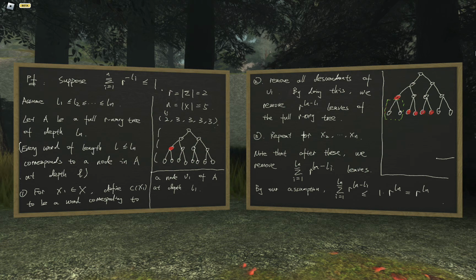So in the end, I get a code. In this example, the code is given by: I take x1 goes to v1, which is 0, 0. x2 goes to v2, which is 0, 1, 0, 0, 1, 0.